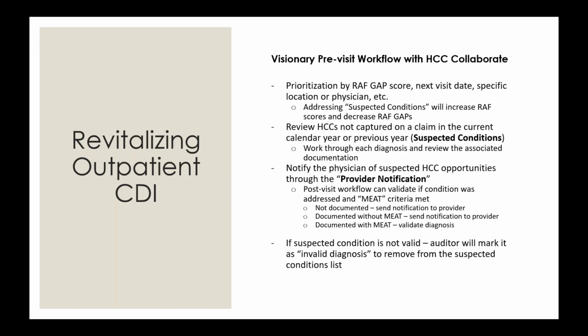And then you want to address the suspected conditions. If you're addressing those suspected ones, that can increase your RAF scores and then decrease those gaps in care, because the HCC Collaborate will show the ones that have already been documented previously, but this will help capture more with suspected diagnoses.